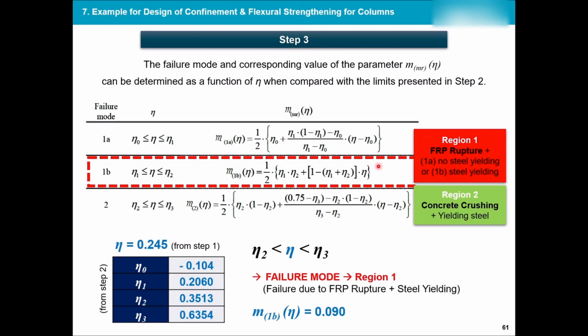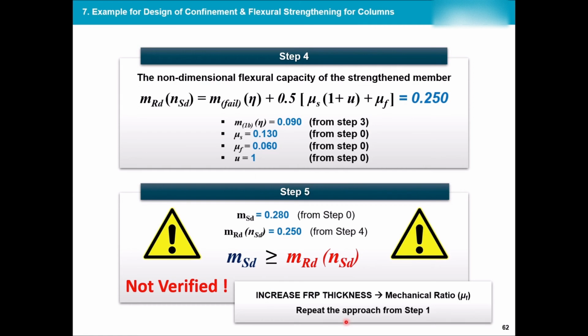And this is the formulation, so 0.090, 0.090. I just put it in, I got a value. I compared this to my non-dimensional applied moment. Unfortunately, it's smaller, so it's not verified.